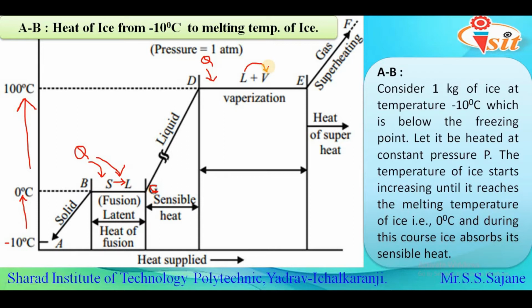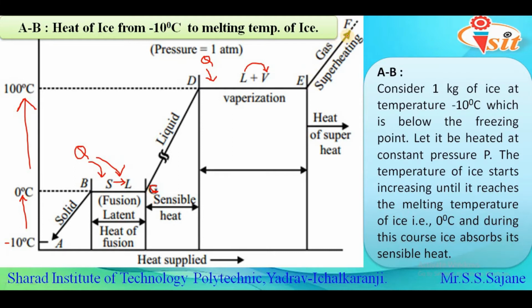We call this region the latent heat of vaporization, and at point E we will have saturated steam.